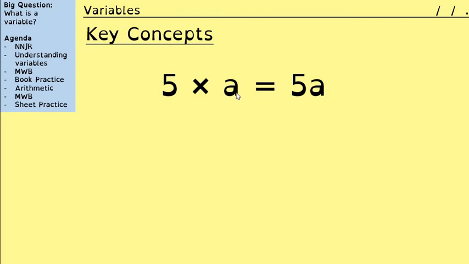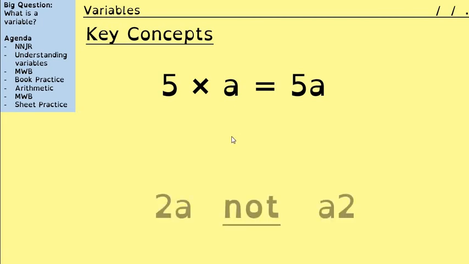So 5 multiplied by A is equal to 5A. The reason why we do this is because algebra is about being quick and simple. And taking out that multiplication symbol makes this shorter to write, and it looks more simple than this.